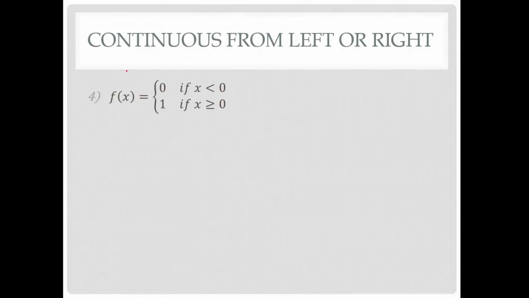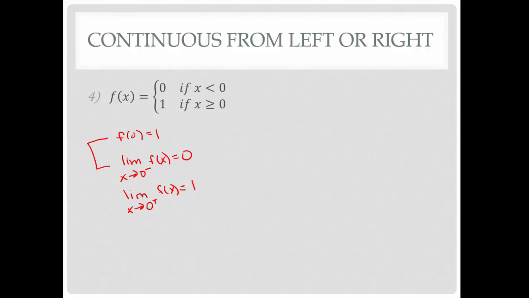Let's take a look at the Heaviside function that we examined. Remember the three pieces of information we had. We knew that f of 0 was 1, the limit as x approaches 0 from the left on the function was 0, and the limit as x approaches 0 from the right on the function was 1. Our conclusion was that this had a jump discontinuity at x equals 0. So, if we want to determine at x equals 0 if this is continuous from the left, we compare the left limit at 0 to f of 0.